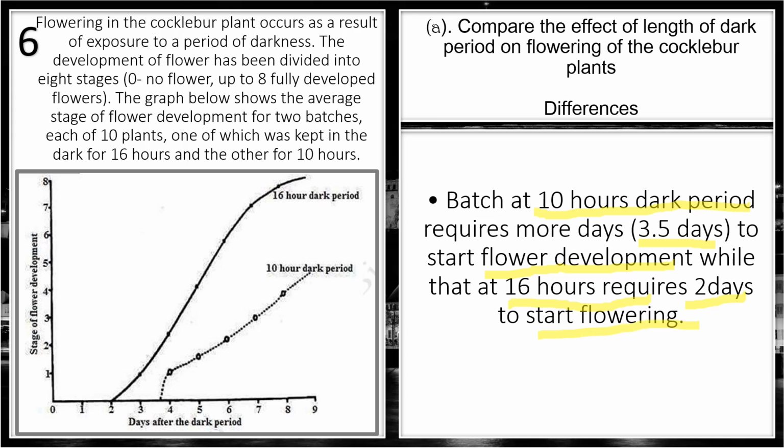So if we look at the one of 10-hour dark periods, it requires 3.5 days to start the flower development. Whereas the one kept at the 16-hour requires only 2 days to start flowering.